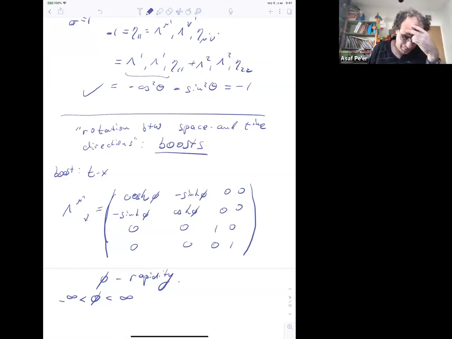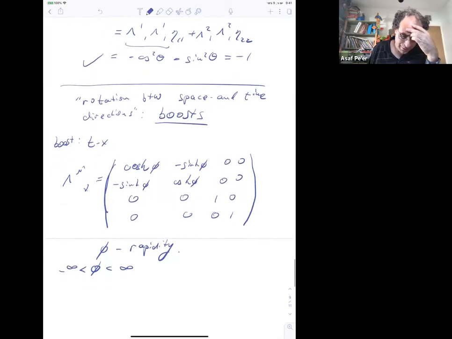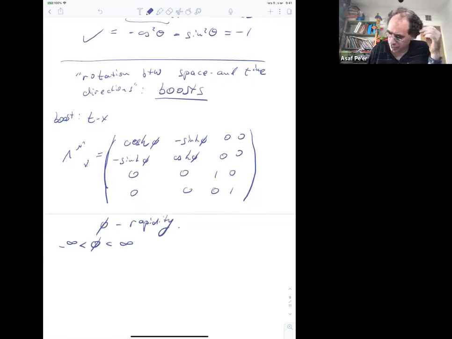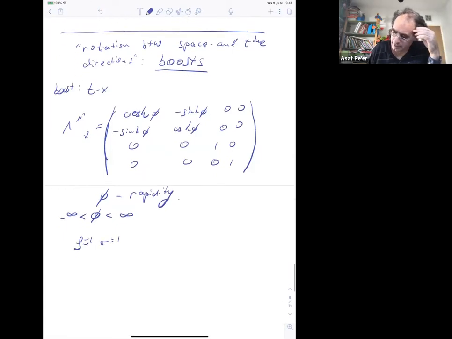Again, we can do a direct substitution. Again, if I take rho equal to 1, sigma equal to 1, then we end up that minus 1 is just eta 1, 1, like lambda mu prime 1, lambda mu prime 1, eta mu prime.